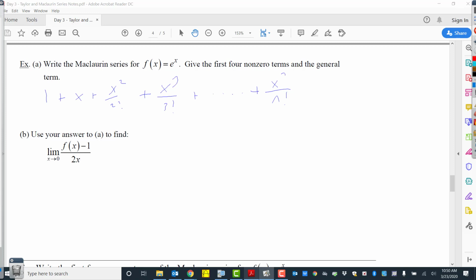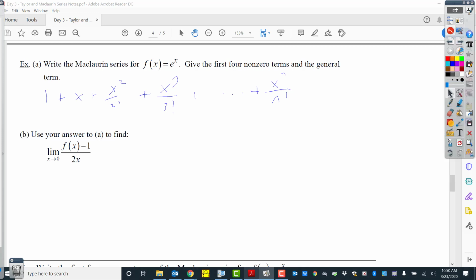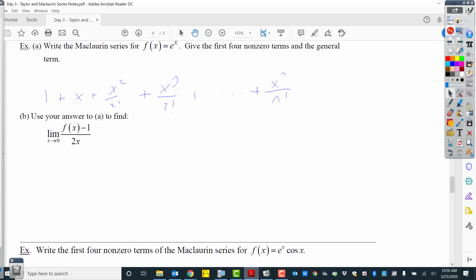Now we're going to look at the next part of this problem, which says use that answer to find this limit.